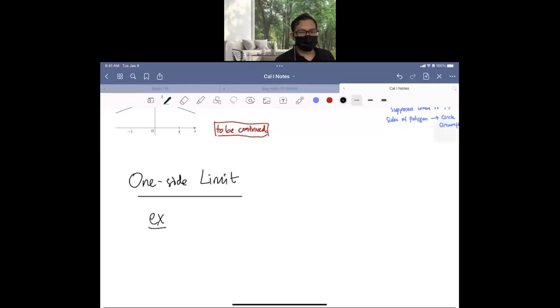As an example, we can see an example in what we call the Heaviside function. It's a function that is usually applied for electrical components or in electrical engineering in general.